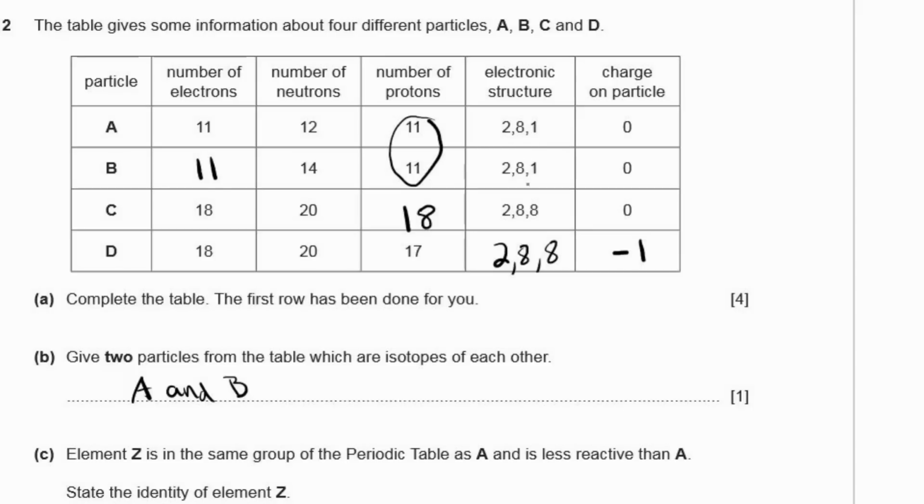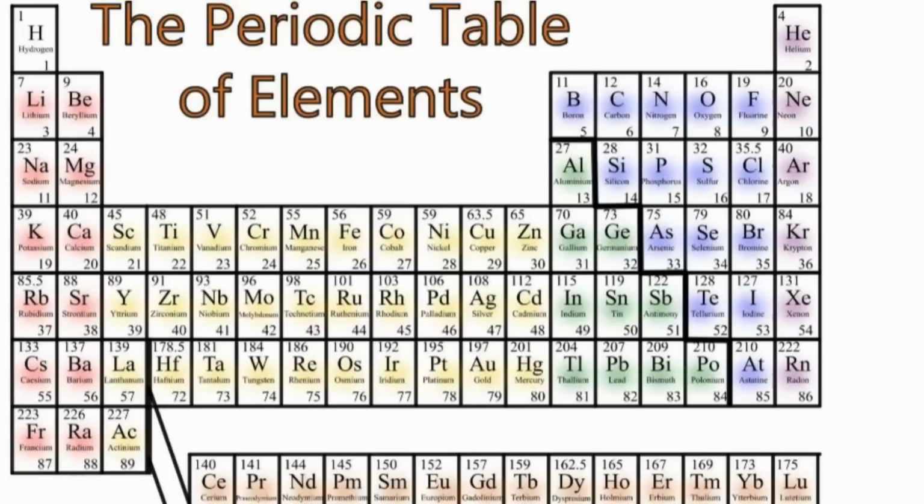It should be in the first group. So we're looking in the first group, because that's where we're expecting it to be, and it has 11 protons. So the small number is the proton number or the atomic number, and the large number is the mass number. So we're looking for the number with 11. That looks like sodium to me.